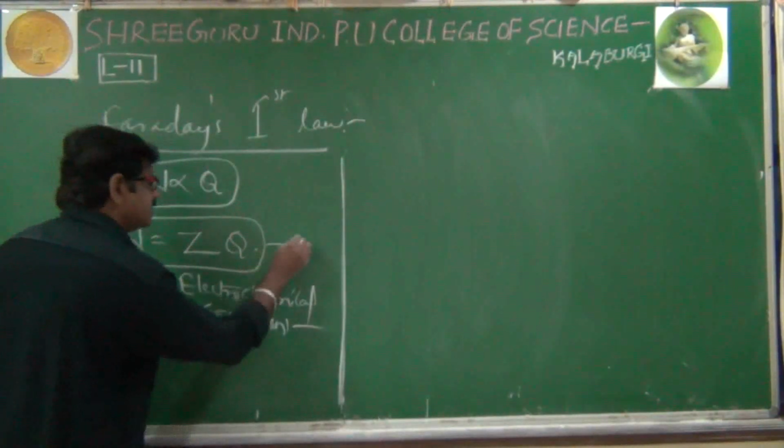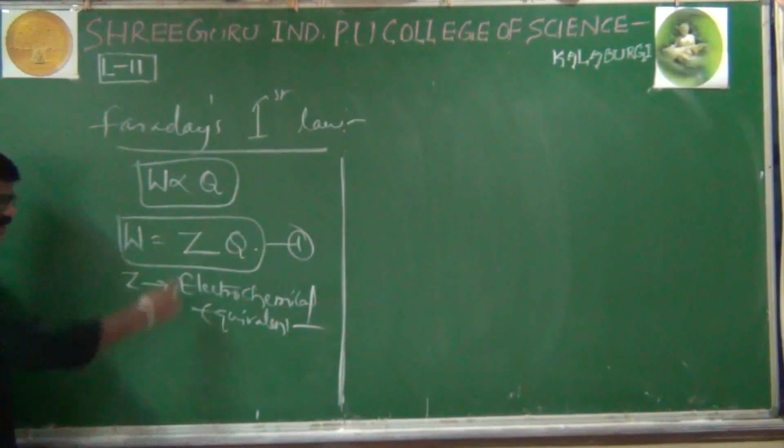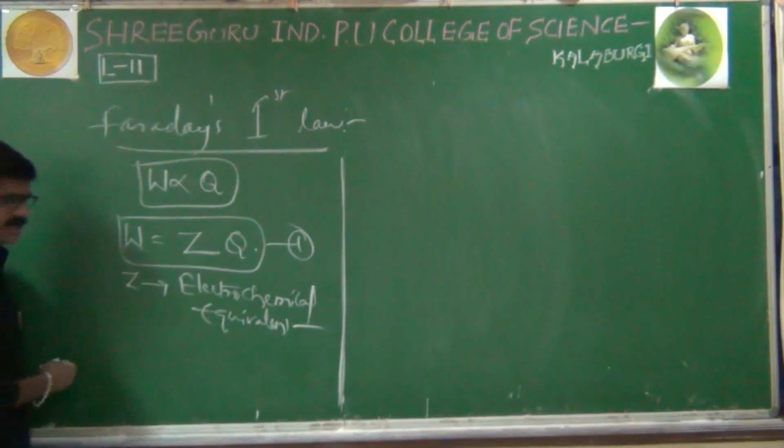Now we'll do one thing. Say it is equation 1. From equation 1, Z will come to the LHS.